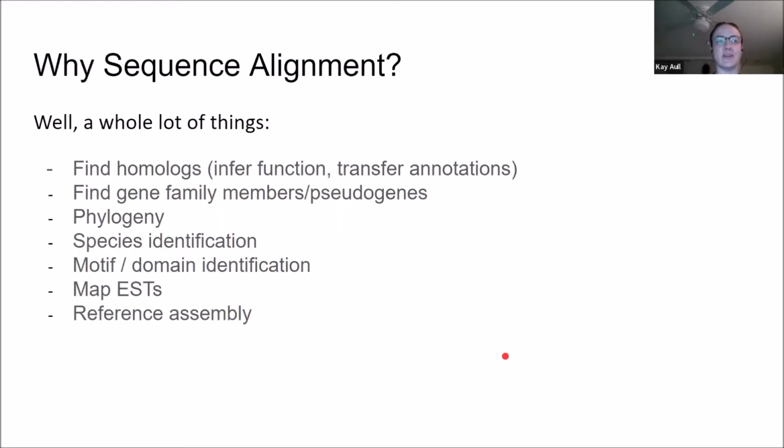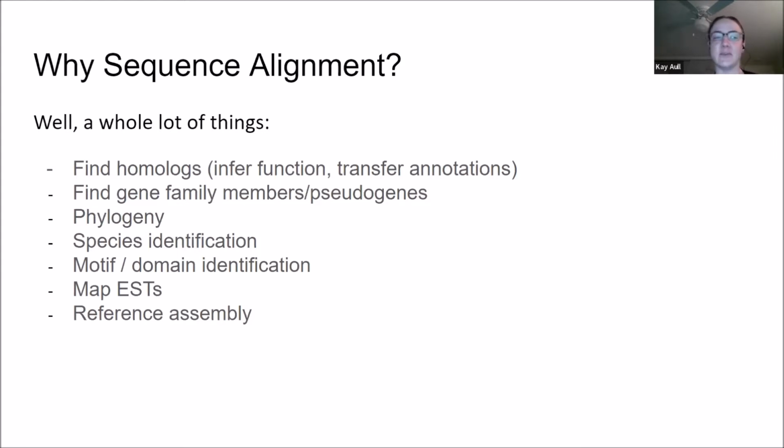And this is useful for a lot of different reasons. You can find homologous genes and gene family members, things that look alike and probably act alike. You can get phylogeny, you can do species identification, you can find parts of proteins that might have a defined function, and you can assemble genomes that way.